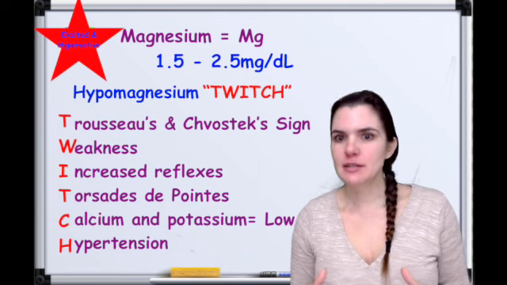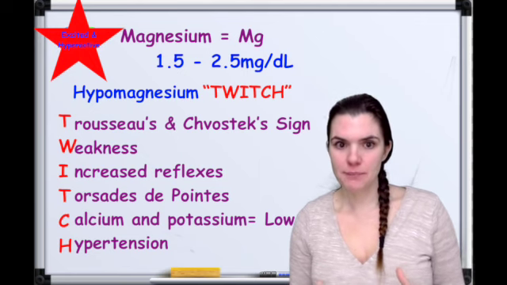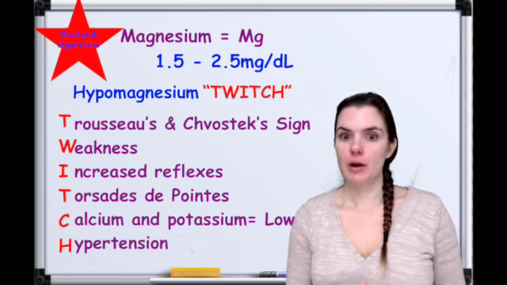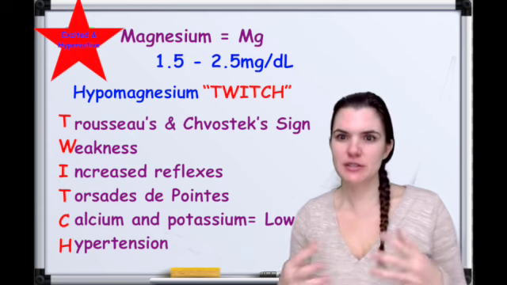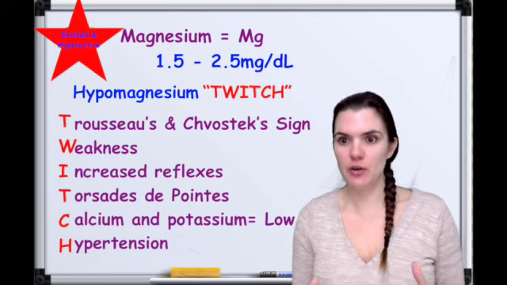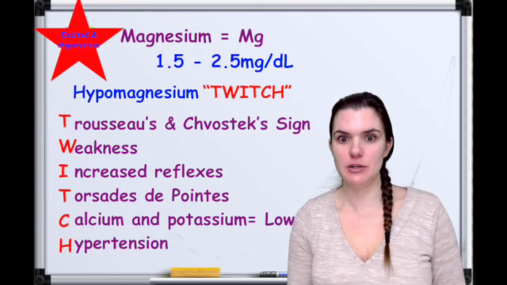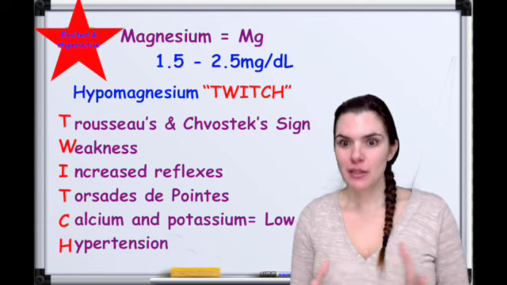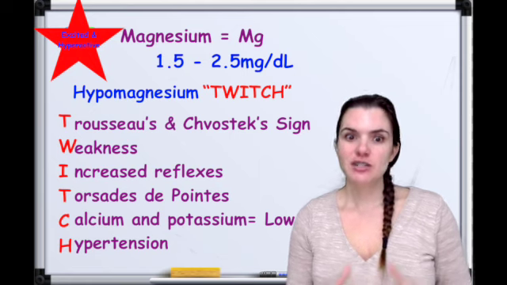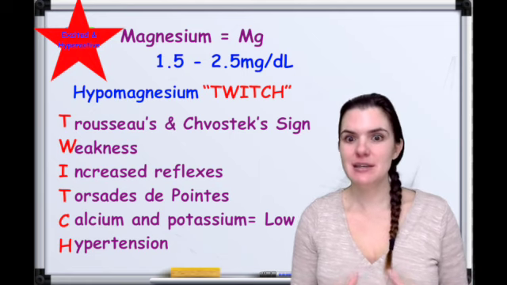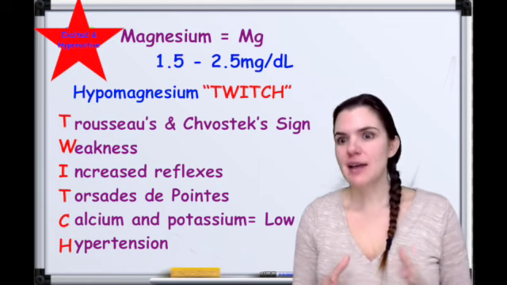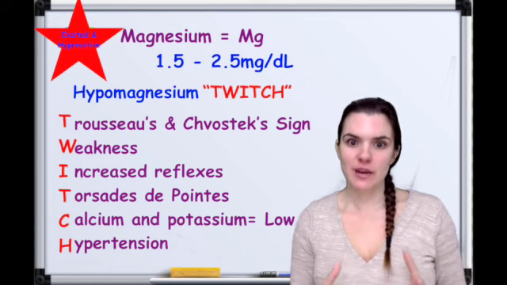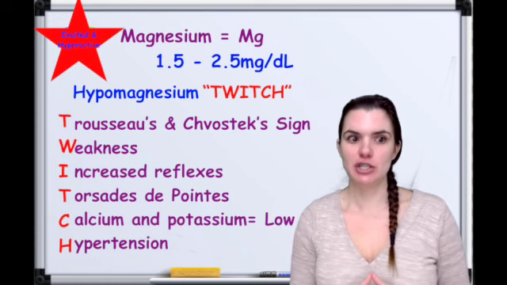It can be seen a lot of times in those patients with alcoholism. And then another T for this part is for tetany, those seizures and other ECG changes that can go with the calcium and potassium being decreased. C is for calcium and potassium levels low. They'll present together. And H is for hypertension, because magnesium helps with our blood pressure, and having a low amount can make those vessels more likely to lead to hypertension.